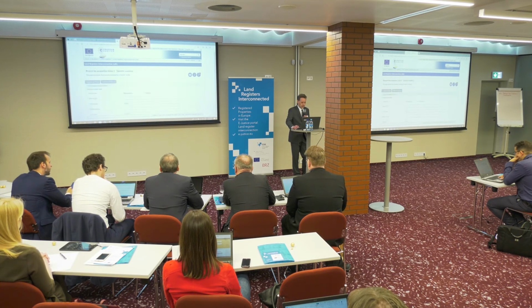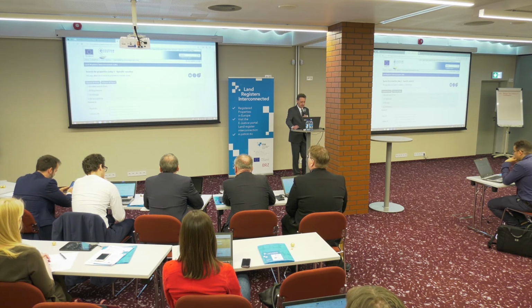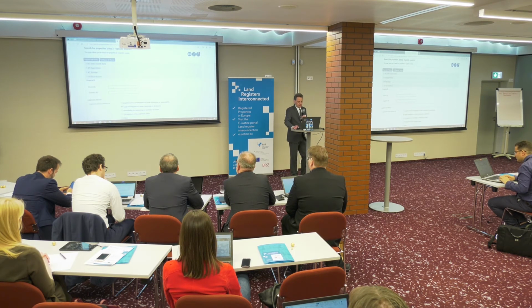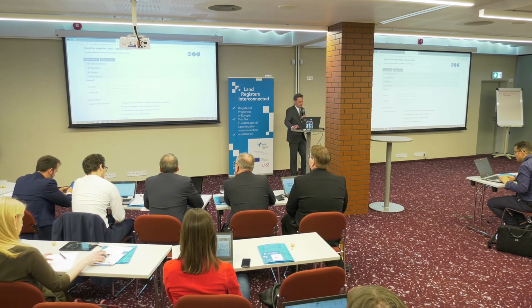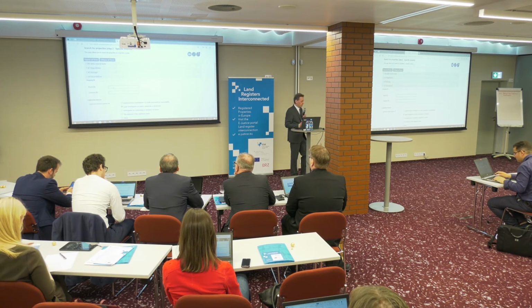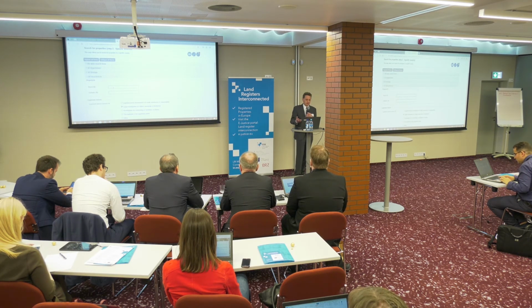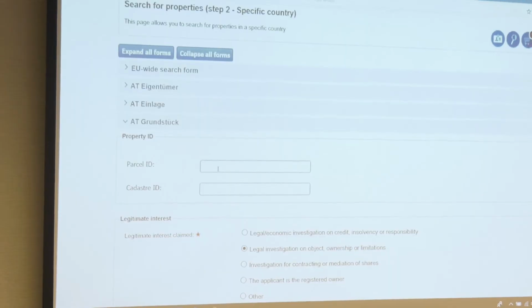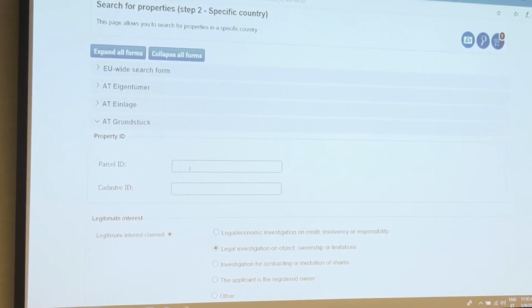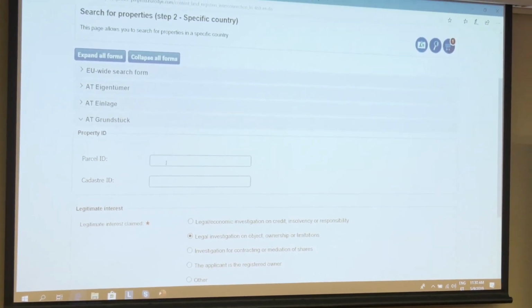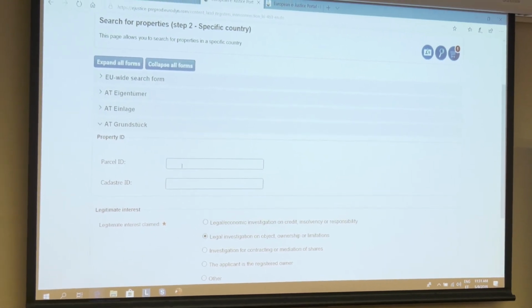I step back to the search form to show one thing more, and then we can end. In the same idea, we invented a search for the parcel number, for the piece of land. There's also an ID in Austria for the piece of land you own or somebody owns.